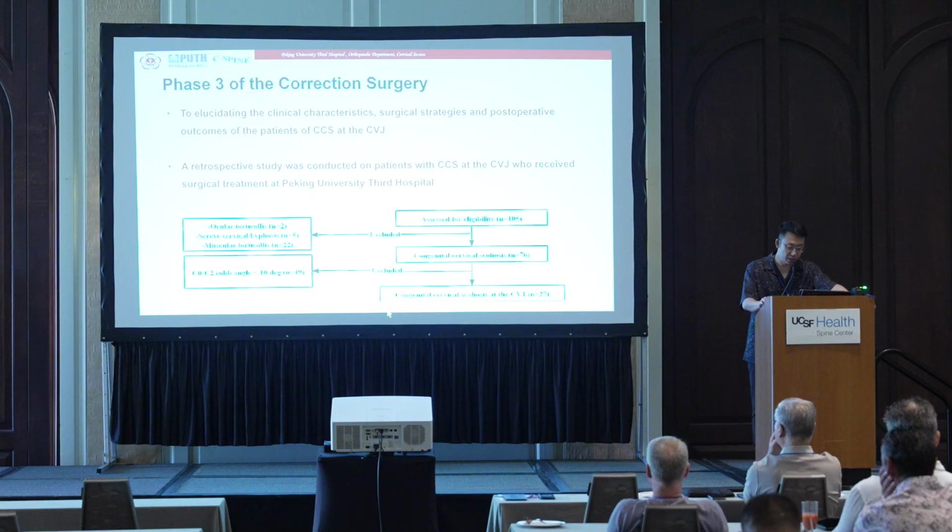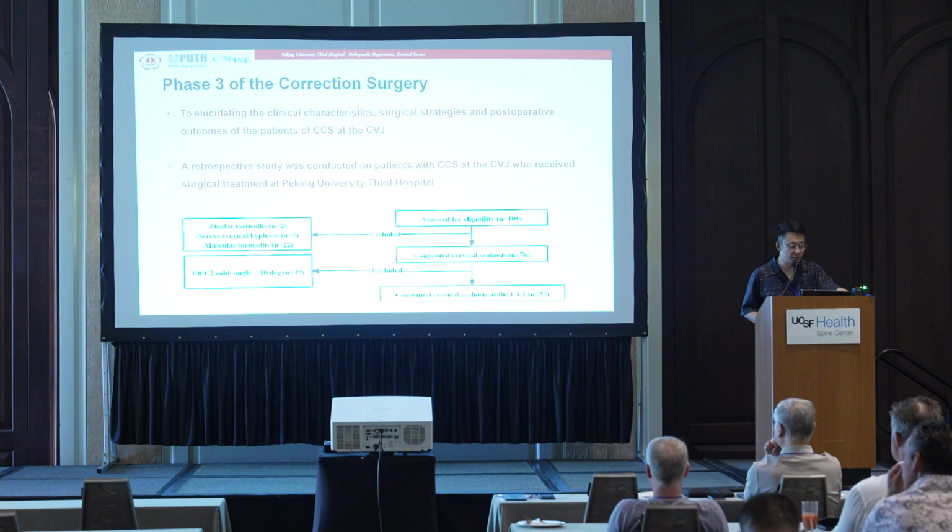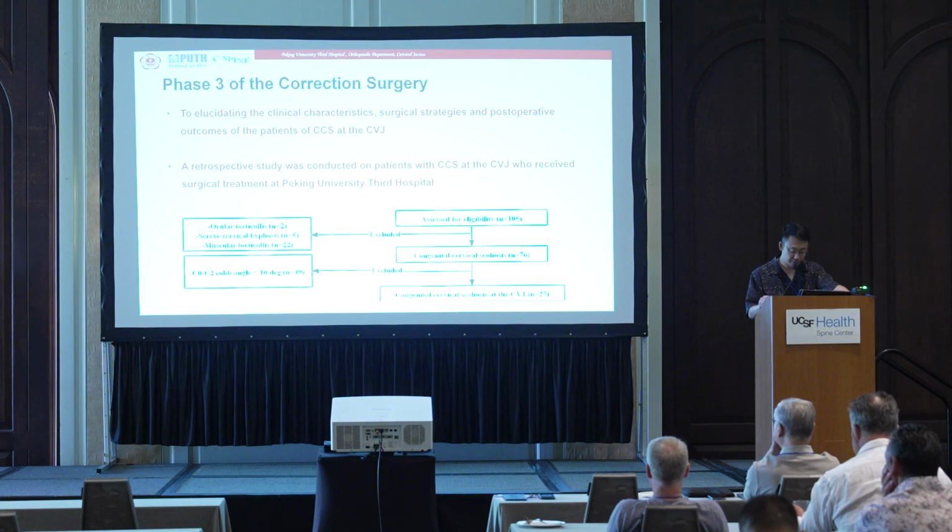To elucidate the clinical characteristics, surgical strategy, and outcomes of patients with cervical scoliosis at the CVJ region, we did another special research on just this specific region. This retrospective study was conducted on patients who underwent surgical treatment in our hospital.